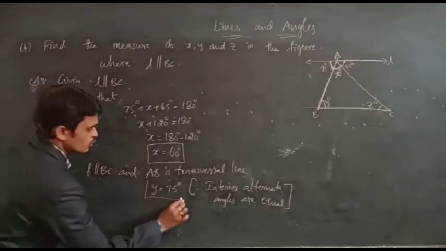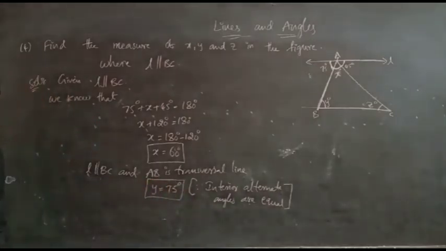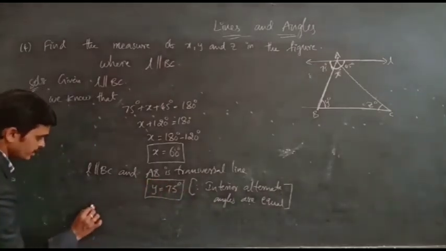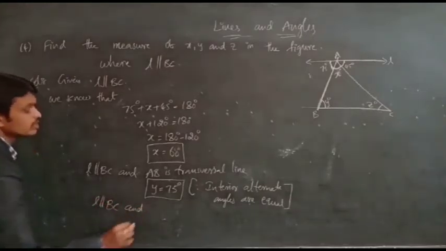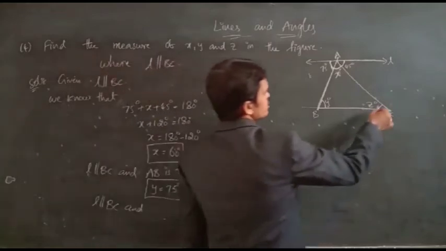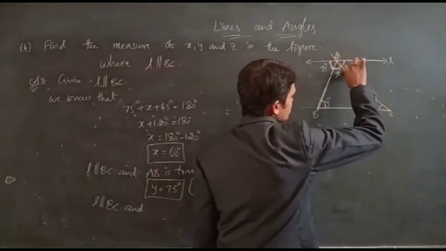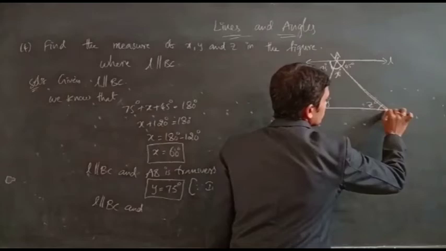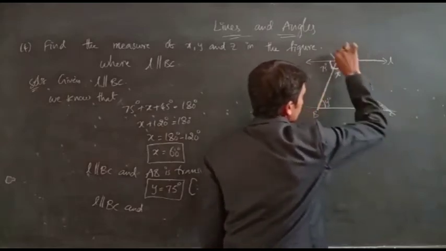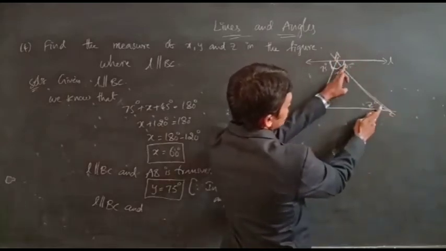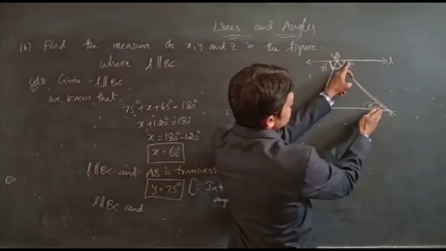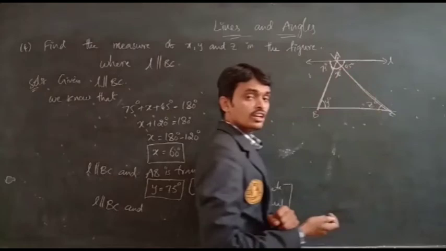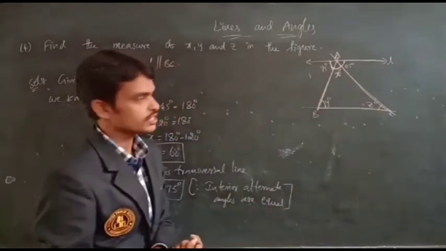So the y value also we got. Next, same again, L is parallel to BC and now I am taking this line AC as a transversal line. Now can you imagine this? Same, interior and on either side of the transversal line. Then these are also called interior alternate angles.